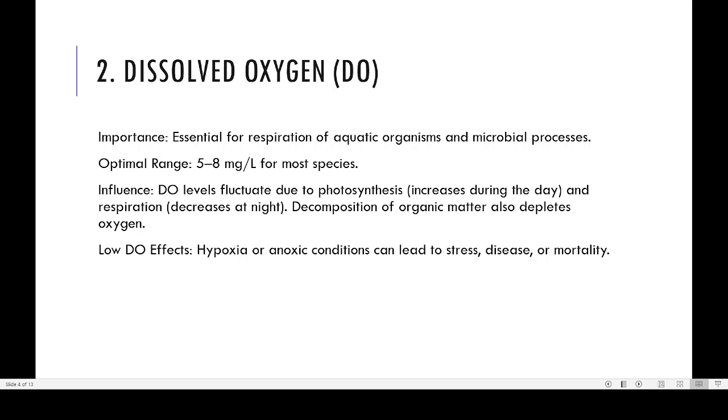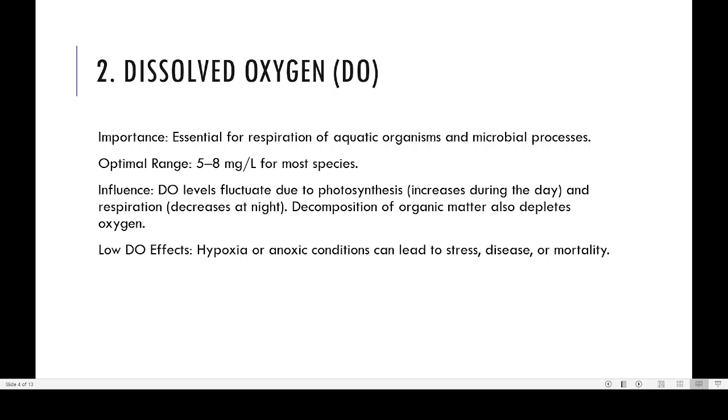If there is a lot of phytoplankton in the pond, those phytoplankton will be undertaking photosynthesis, and as a result, as the day goes on, we can see a slight increase in the amount of dissolved oxygen because of more oxygen released by planktonic organisms, and respiration will decrease it. So dissolved oxygen varies due to photosynthesis and respiration.